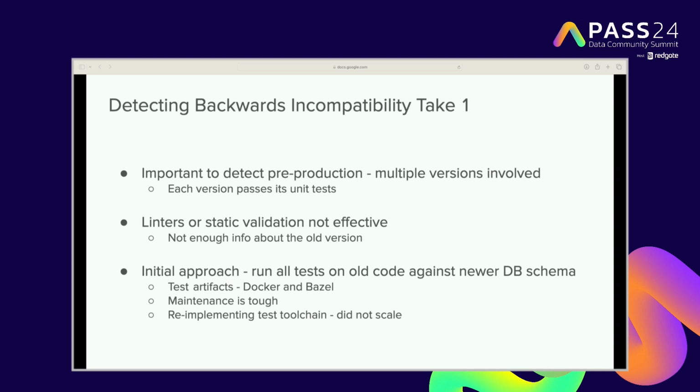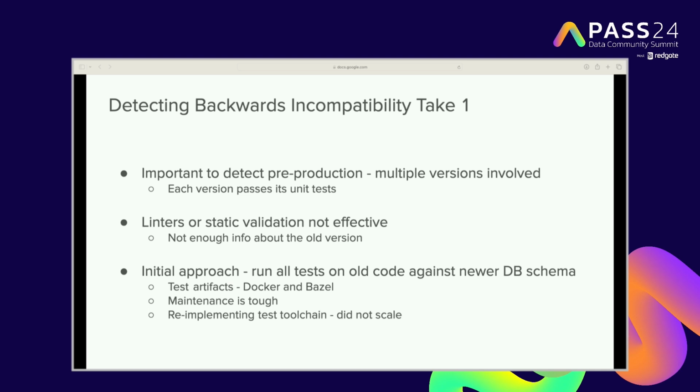And if you write unit tests for each version such that they talk to a database embedded in your code or with Postgres, like a Docker container, each version is going to pass its own unit tests. And linters or static validation are also not very effective because there's not enough information about the old and the new app version.